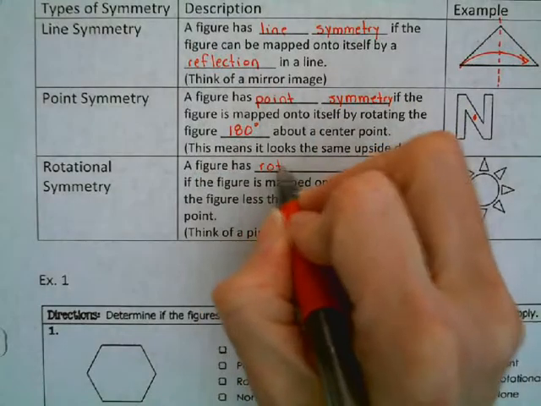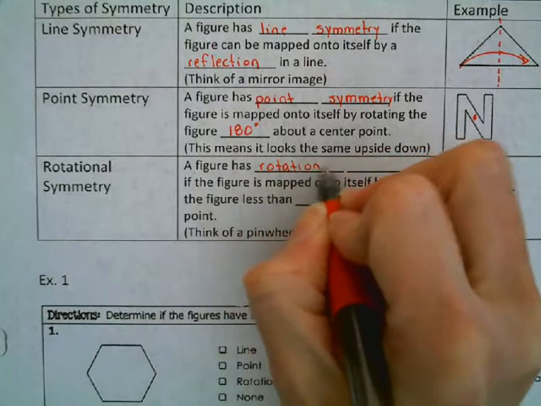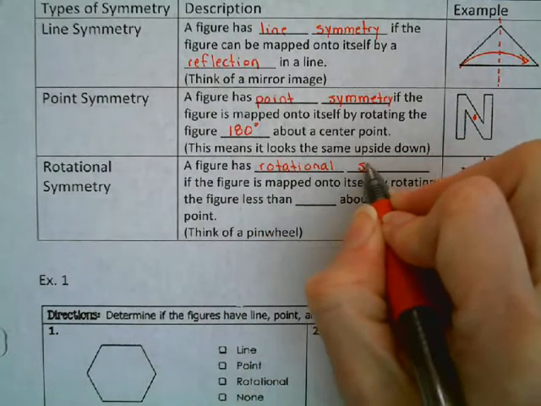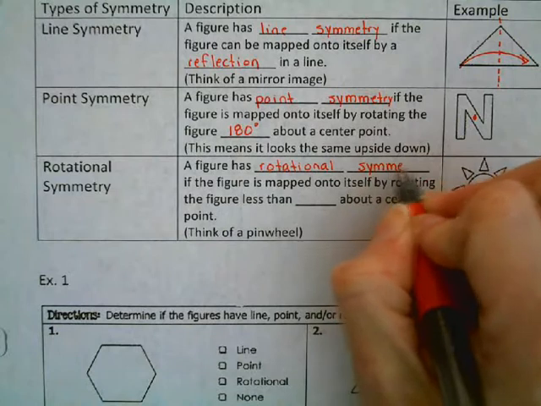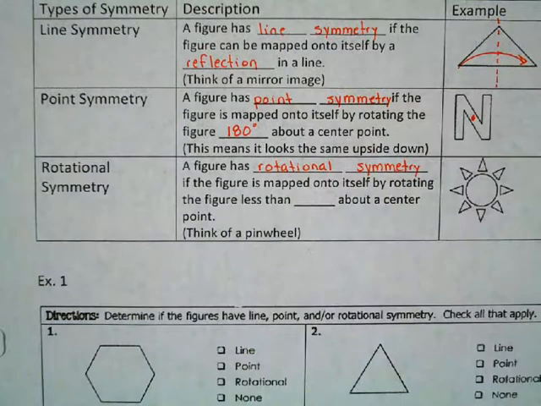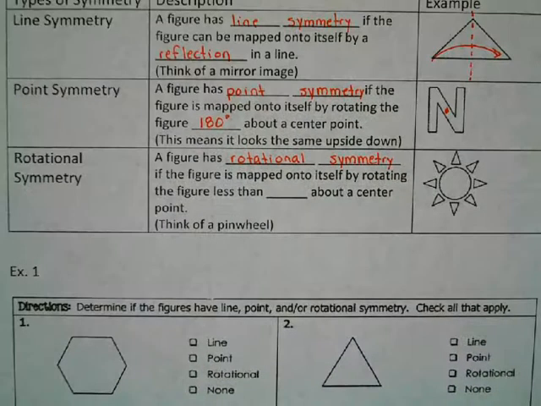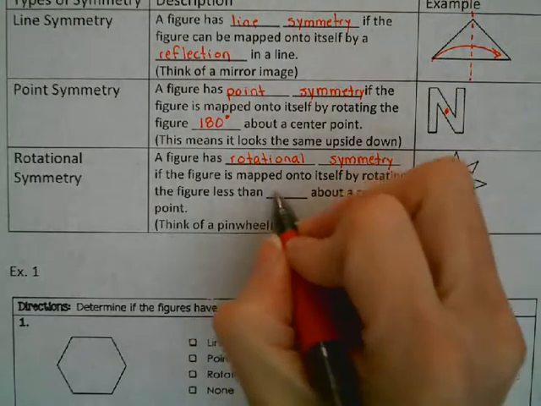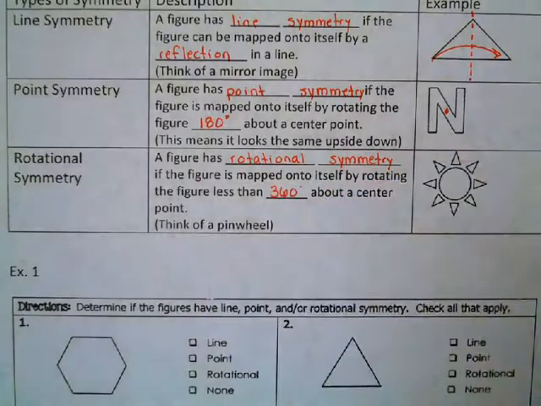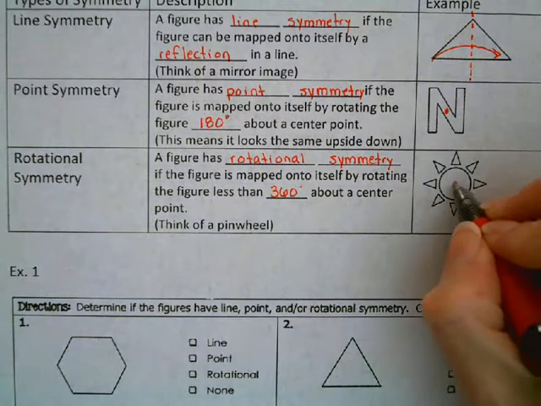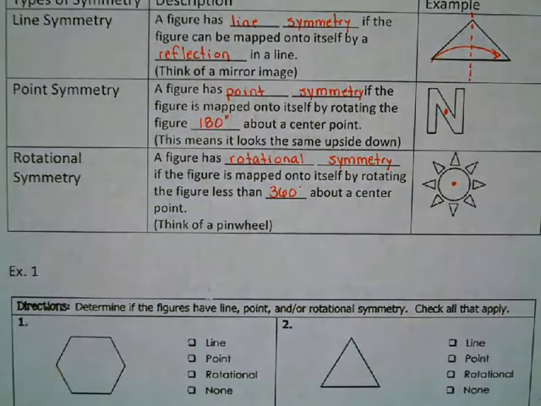Rotational symmetry, if the figure is mapped onto itself by rotating the figure less than 360 degrees about a center point. So in this case, if you were going to rotate around that center point, it's like a pinwheel.